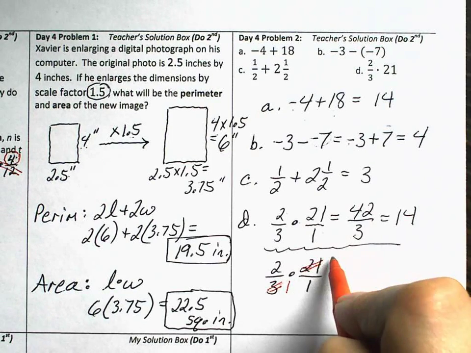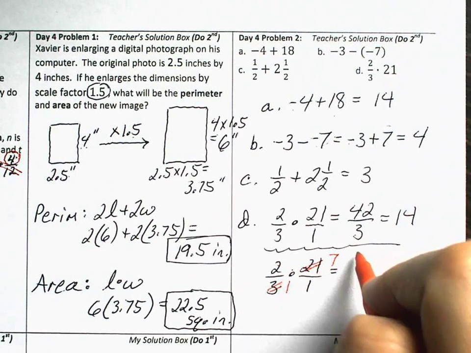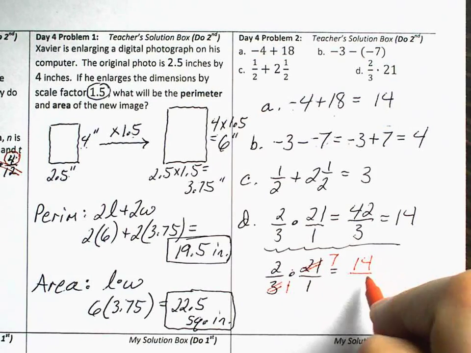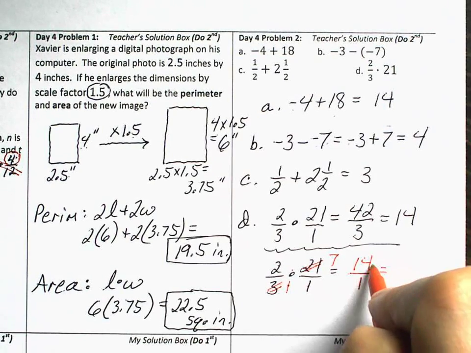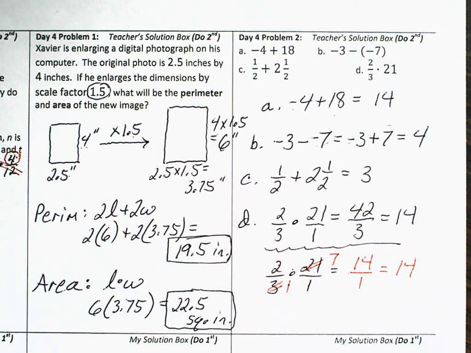And 21 divided by 3 makes 7. And now when we multiply, it might be easier to understand why it's 14. 2 times 7 is 14 in the top, and 1 times 1 is 1 in the bottom, but 14 over 1 could just be written as 14. Either of these is fine. They get the same answer. One of them might be faster for you than the other. It's your choice.